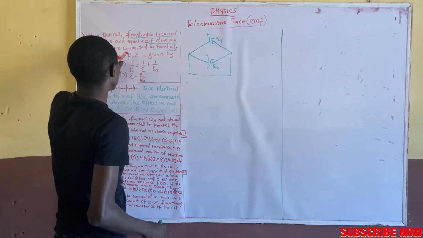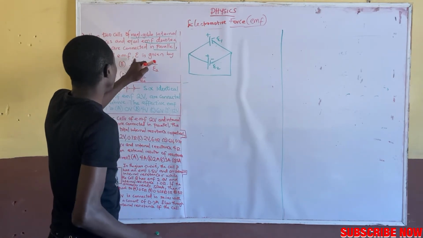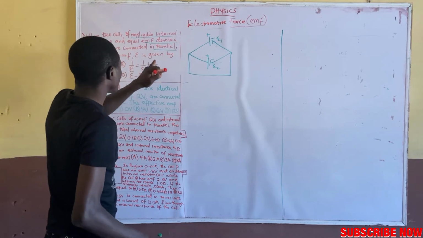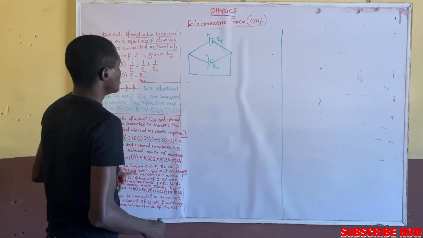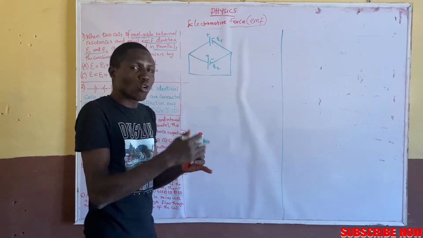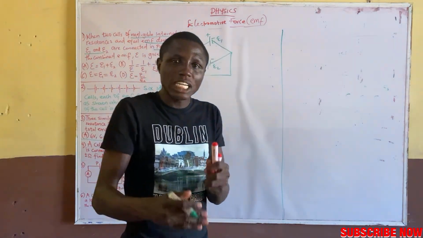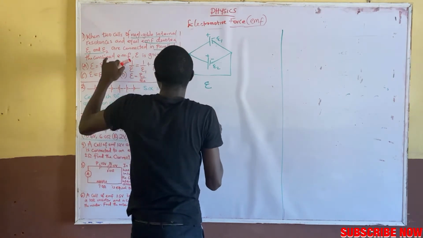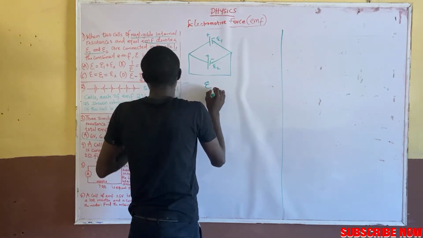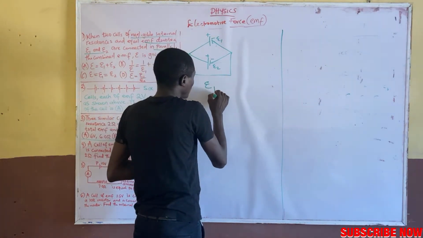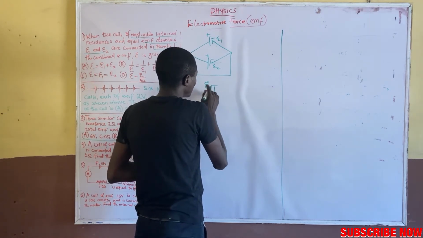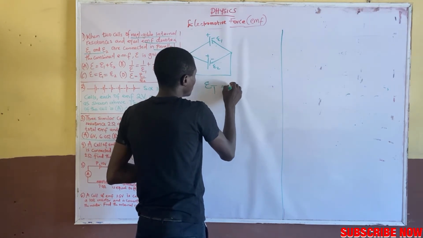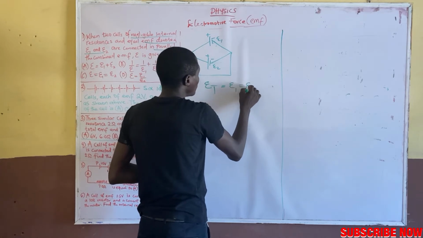Now, let's say the combined EMF E is given by dash. Whenever they are connected in parallel to one another, the total or combined EMF is given as E subscript T equal to EMF 1 equal to EMF 2.